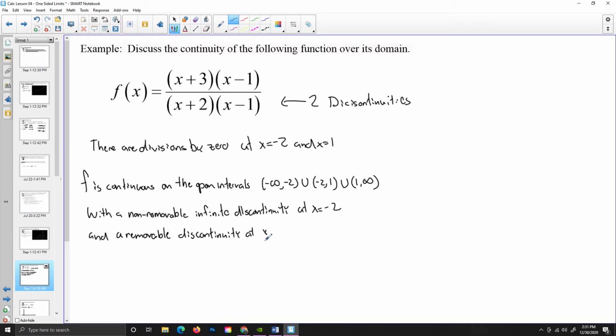So how do I tell the difference between a non-removable discontinuity and a removable discontinuity?